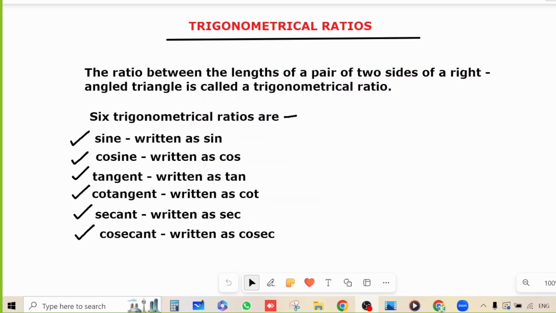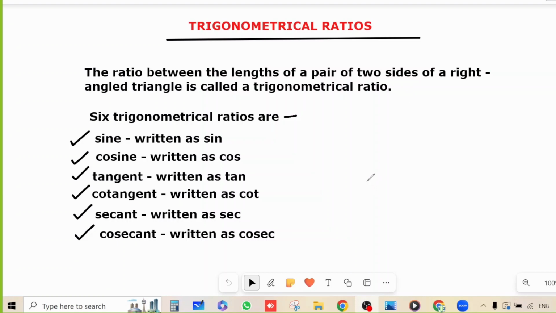Let us now learn the various trigonometrical ratios. Now, what are trigonometrical ratios? If we consider a right angled triangle, there will be a ratio between the lengths of a pair of two sides, and those ratios are called trigonometrical ratios.